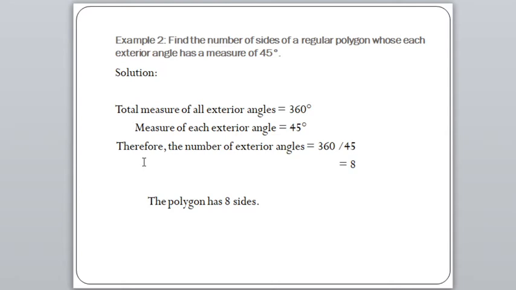So the number of exterior angles equals 360 divided by 45, and 360 divided by 45 equals 8. Therefore the polygon has 8 sides.